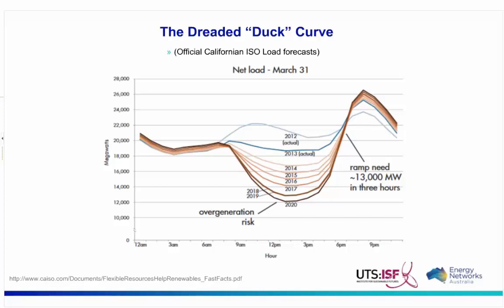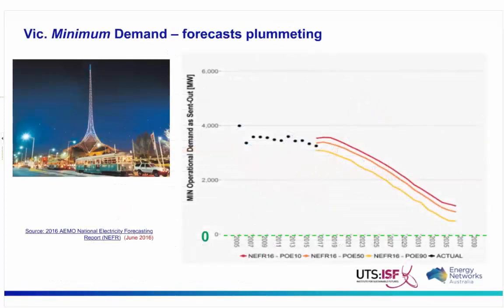So from an Australian point of view, that image that I just showed you was from California, but we're seeing a similar sort of phenomena here. This is a forecast, again, out over the next 20 years, showing the trend not in maximum demand, but in minimum demand. So we can see that it's falling quite dramatically down towards zero.